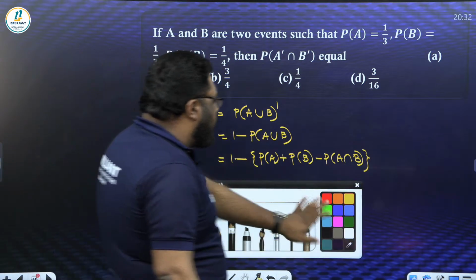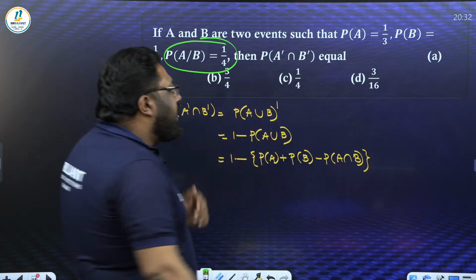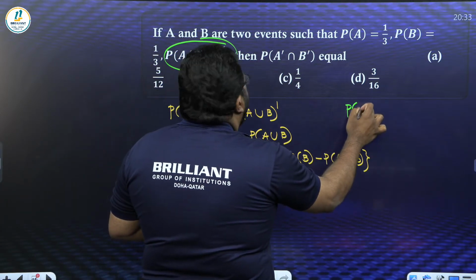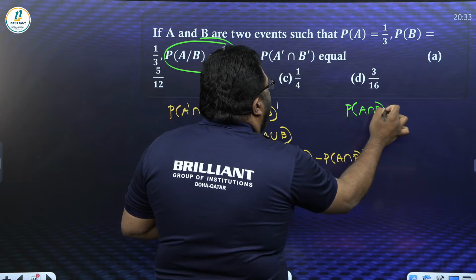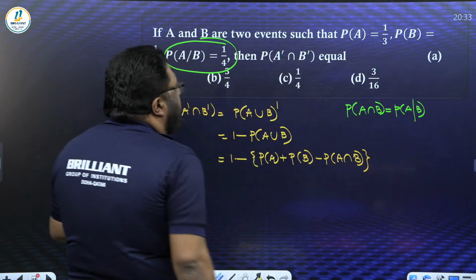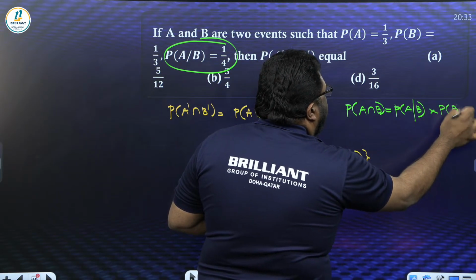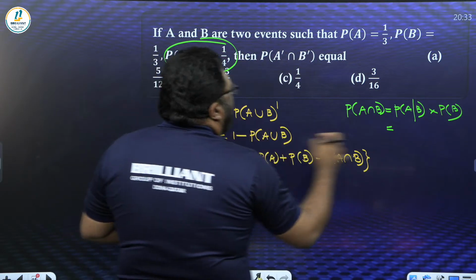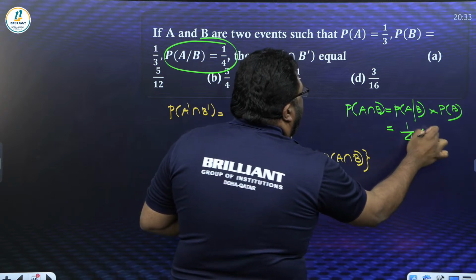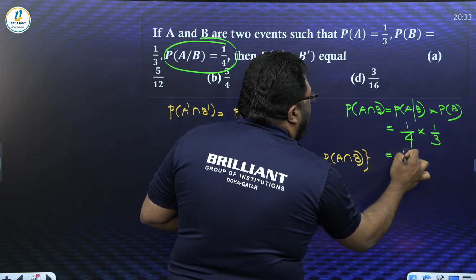How to find A intersection B? From this, we just now said the result, right? P of A intersection B can be written with the conditional probability with the multiplication theorem, A by B multiplied with P of B. So A by B is 1 by 4, P of B is 1 by 3, answer 1 by 12.